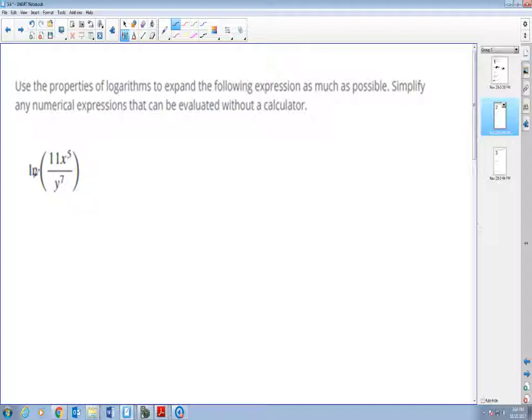Natural log is a log, so it holds the same properties. Fraction bar here means division. Division translates into subtraction. If I look at the top, it has 11 times x to the 5th. That multiplication allows me to split my 11 and x to the 5th separately as 2 separate terms.